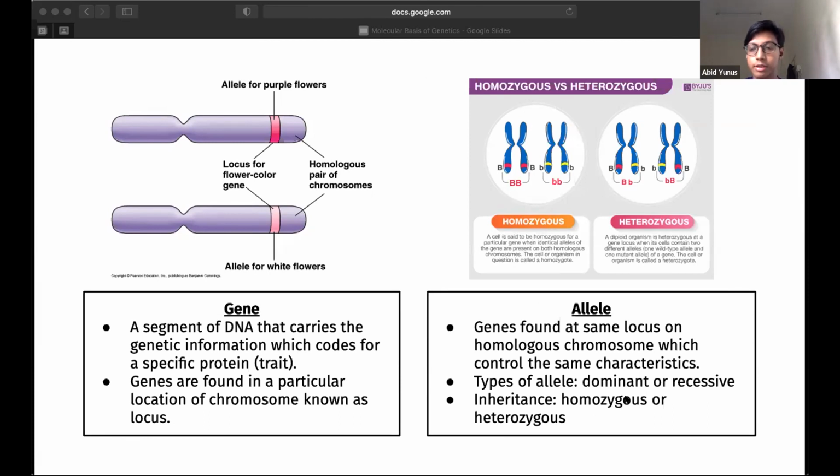Homozygous pattern means that both alleles are of the same type, either dominant or recessive, while heterozygous means the alleles have one dominant and one recessive allele.